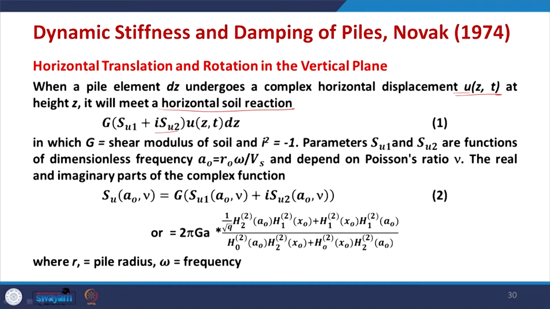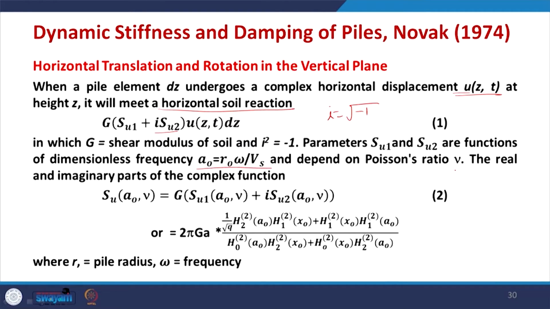In this equation G is the shear modulus of soil, and i is iota, where iota squared equals -1, or iota is root -1. Parameters S_u1 and S_u2 are functions of dimensionless frequency a_0, which is given by r_0 omega / Vs, and depend on Poisson's ratio nu.